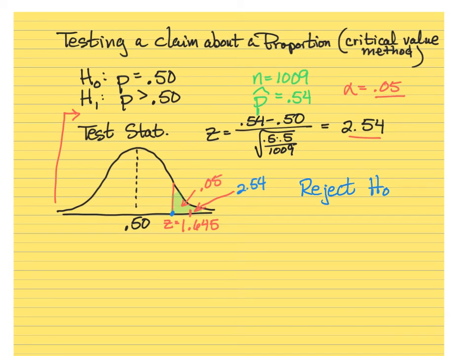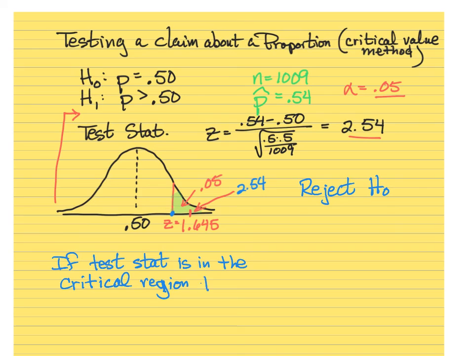So again, what was the conclusion? If the test statistic is in the critical region, then we reject. And what's the critical region?